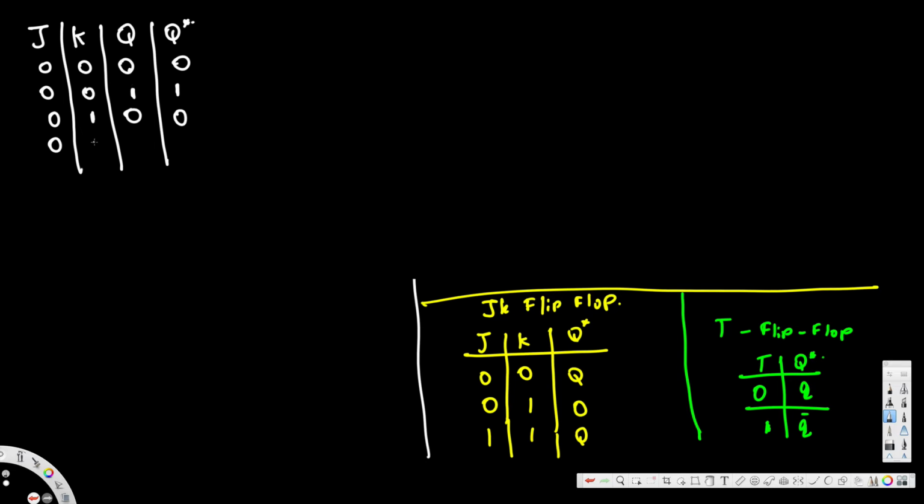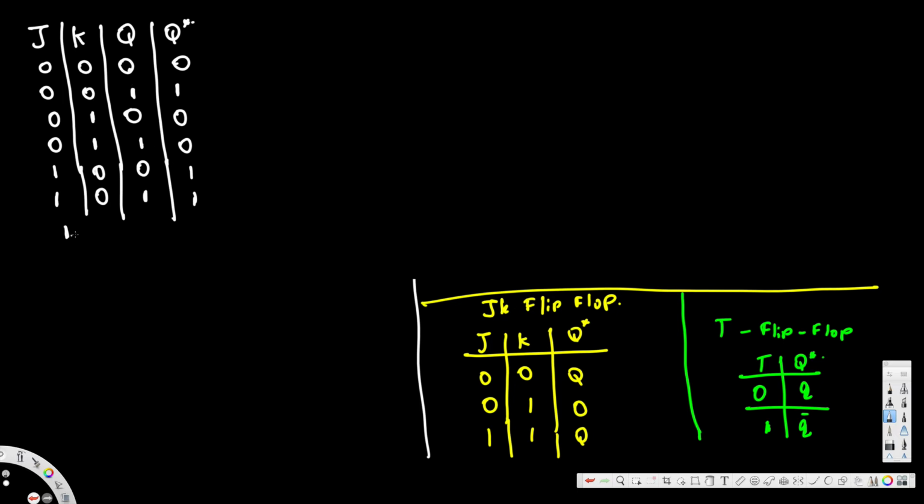And when J is 0, K is 1, Q is 1, Q asterisk is 0. Then when J is 1, K is 0, Q is 0, Q asterisk is 1. And when J is 1, K is 0, Q is 1, Q asterisk is 1.